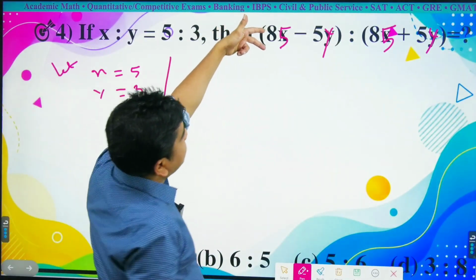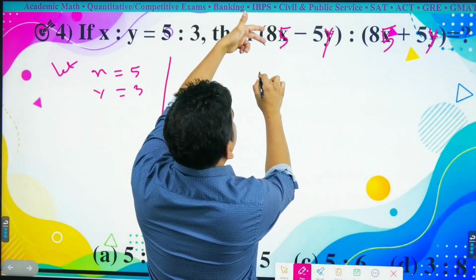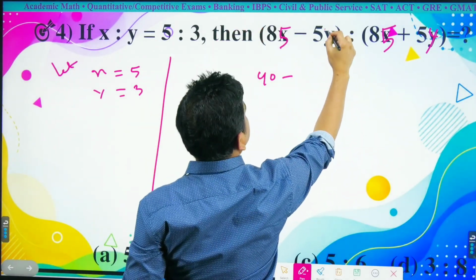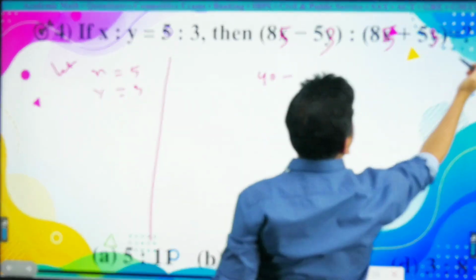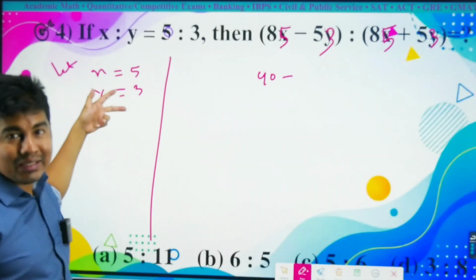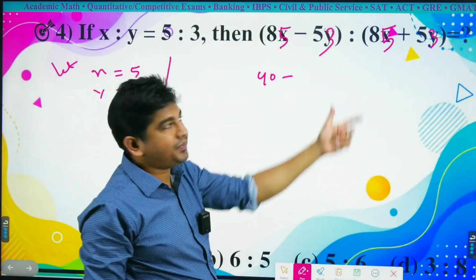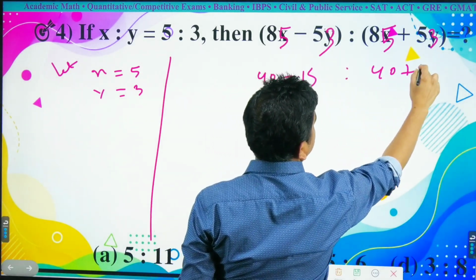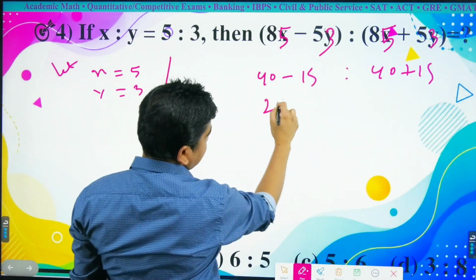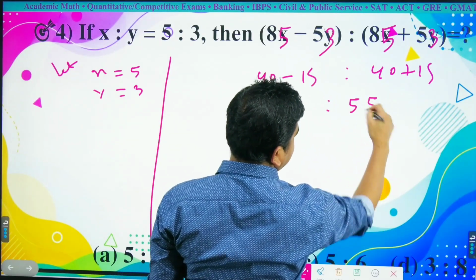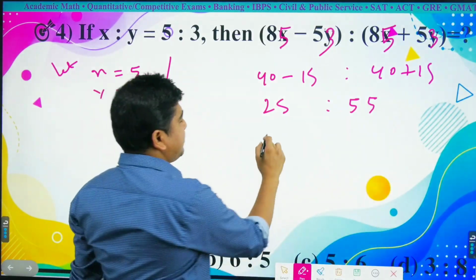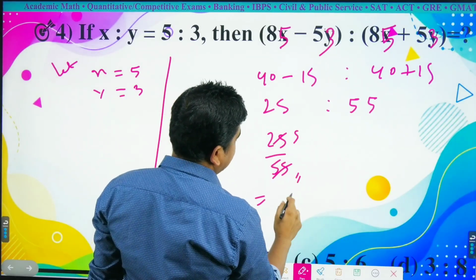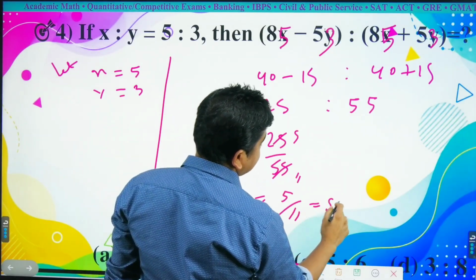Now you can write 5 times 8, 40, minus y equals 3. And in the denominator, 5 times 3, 15, is 40 plus 15. That means 25 over 55, that means 25 by 55 equals 5 and 11. That means 5 by 11 equals 5 is to 11.